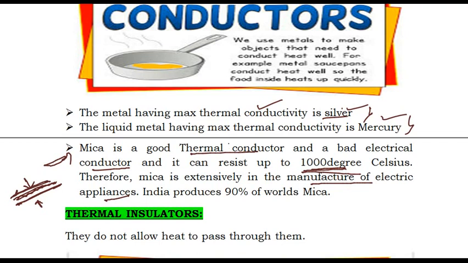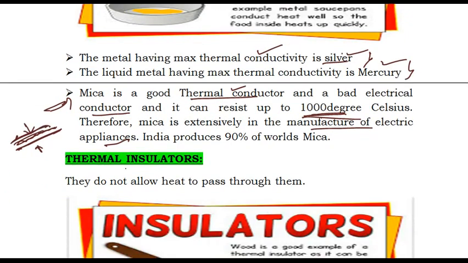It's a good thermal conductor, it passes heat through it, and it's a bad electrical conductor, it does not pass electricity through it. That is the reason mica is used in most electric appliances. And an important fact about mica: India produces 90% of the world's mica. Keep it in mind, 90% of the world's mica is produced in India only.